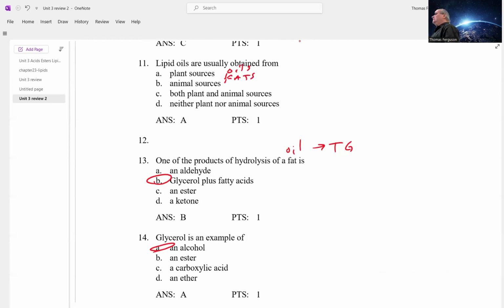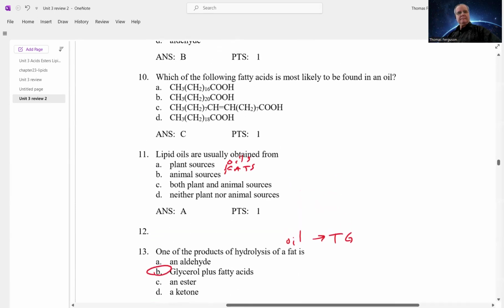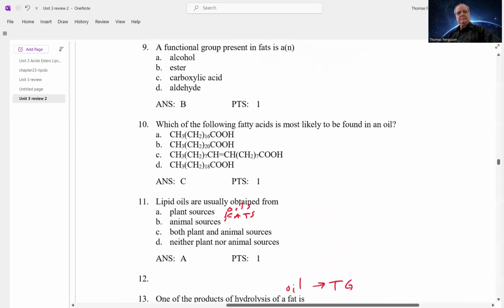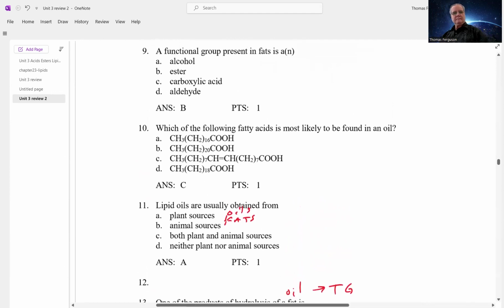Fats are animal-based. Also, fats are saturated, oils are unsaturated.